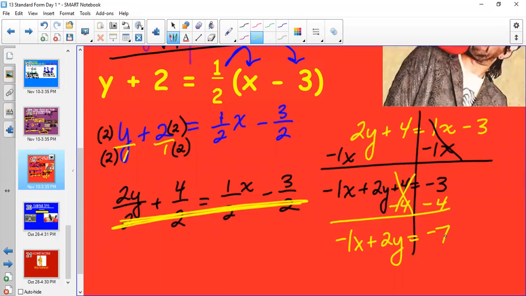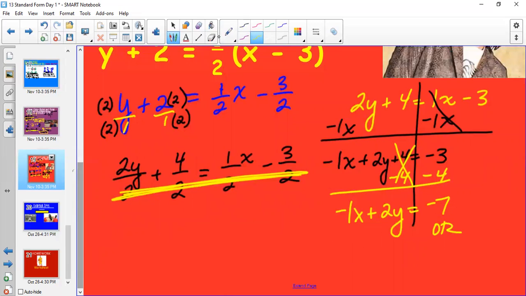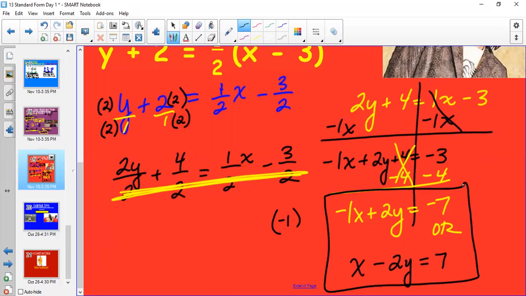Or you could have negative x instead of negative 1x. So that's one option. Again, some people disagree and say the first term should not be negative. If that's the case, I would multiply everything by negative 1, which would give us 1x minus 2y equals 7. So either one of those are totally acceptable to me.